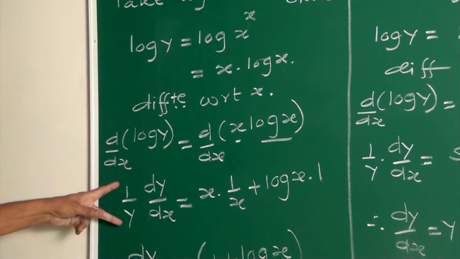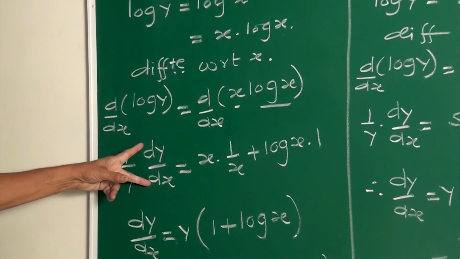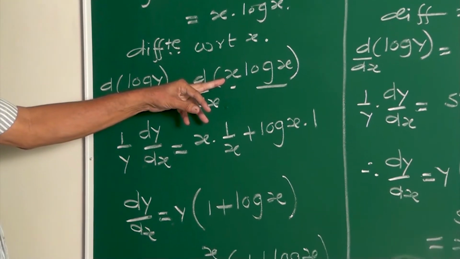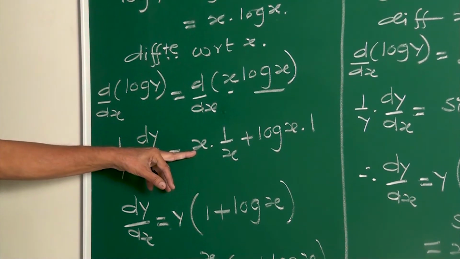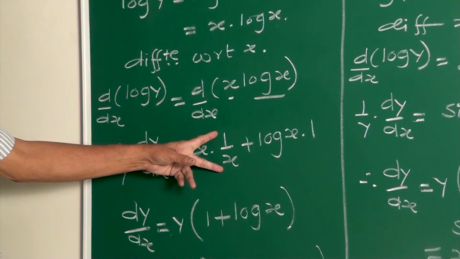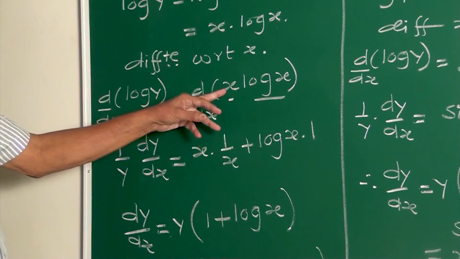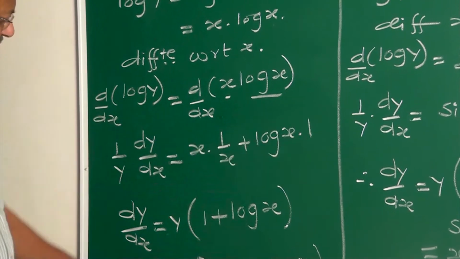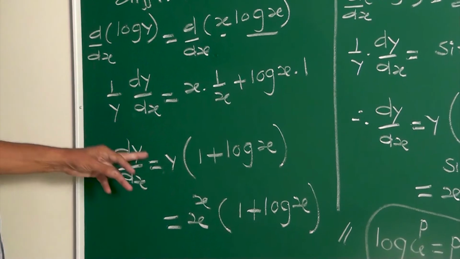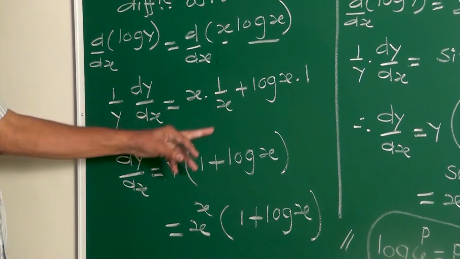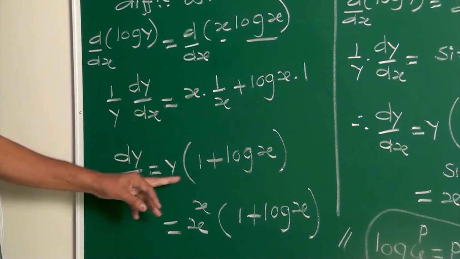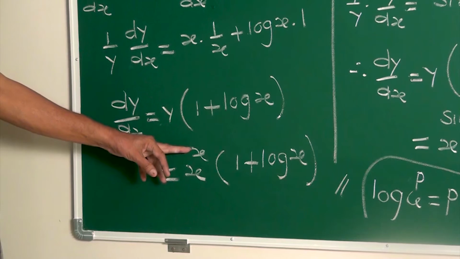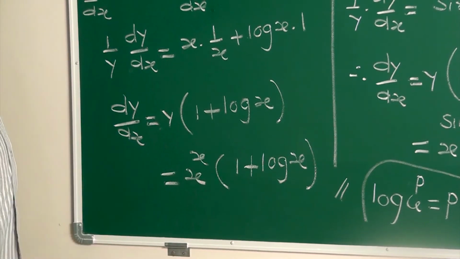Log y: first with respect to y, then y with respect to x. Product formula: first into derivative of second, log x, plus second into derivative of x, which is 1. So dy by dx is y, x cancels, 1 plus log x. Substitute the value of y: x to the power x into 1 plus log x.